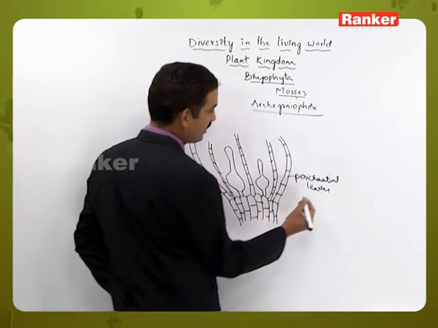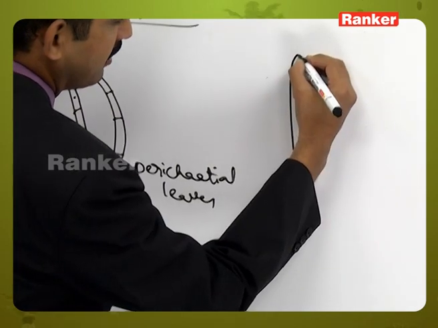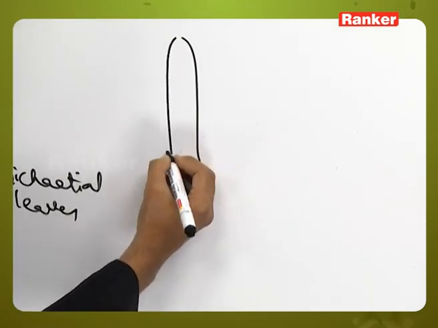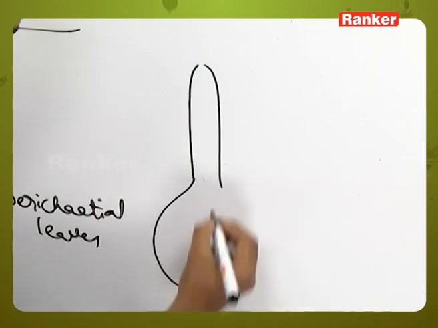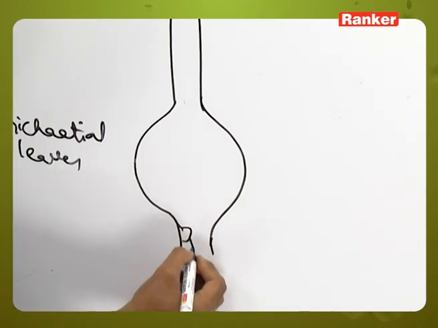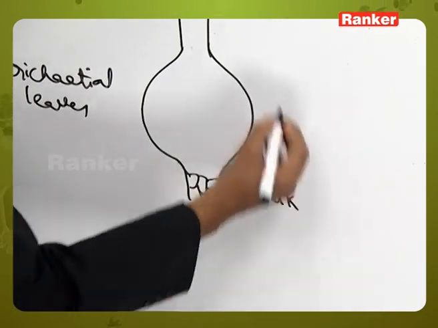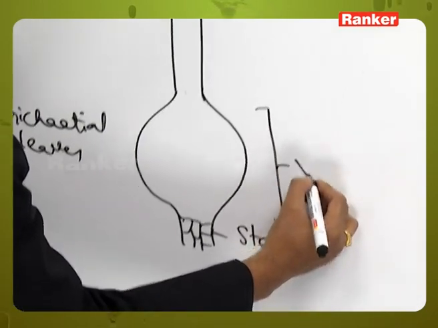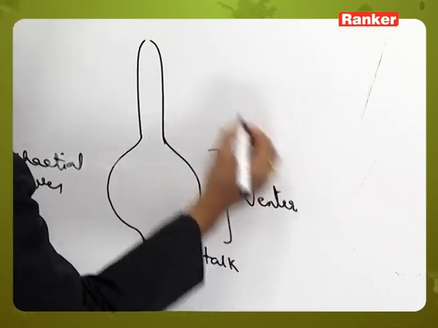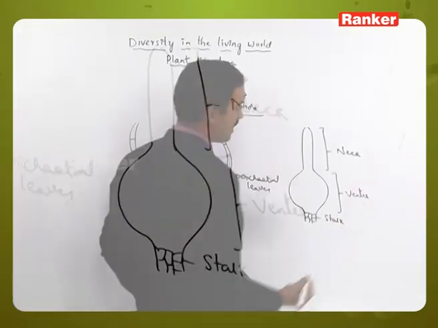Here each archegonium will have a flask-shaped structure with three parts. The lower part is called the stalk, and the middle swollen part is called the venter, and the upper long and elongated region is called the neck. So likewise three parts are there.